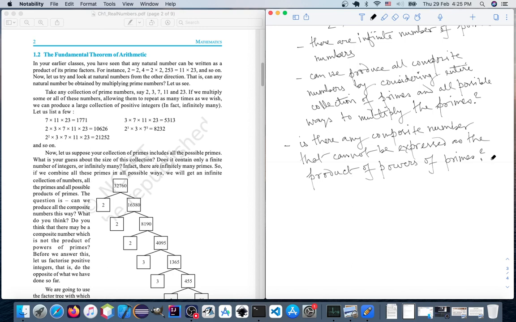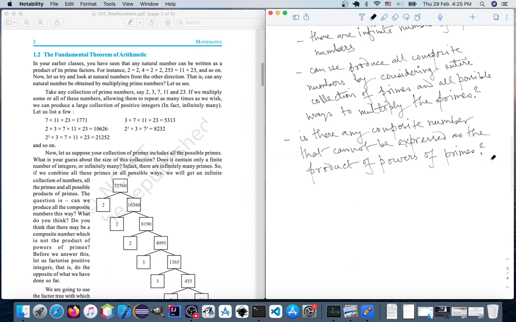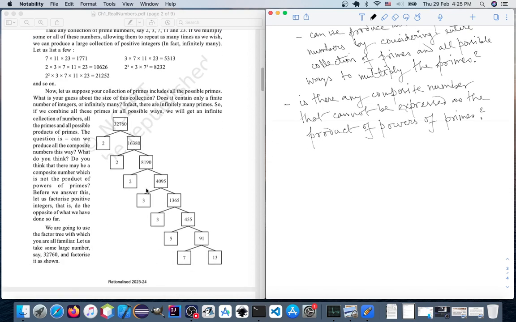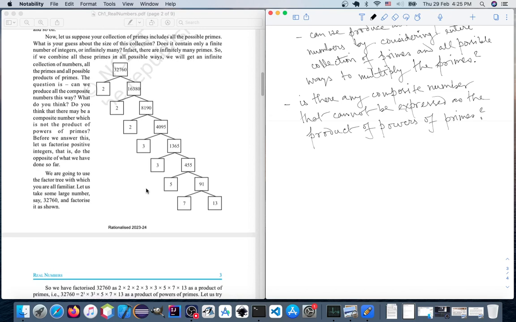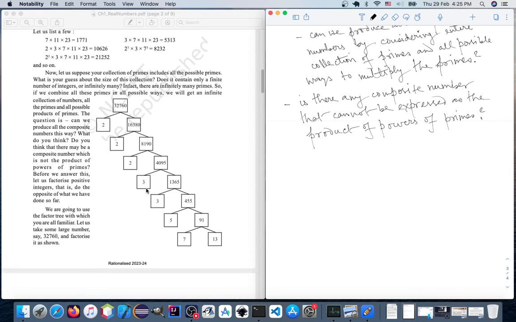Before we answer this, the textbook says, let us factorize positive integers, that is, do the opposite of what we have done so far. We are going to use the factor tree with which you are all familiar. This is a factor tree which you must have learned in your previous classes, that we can factorize a given positive number like this, and we get all the factors.